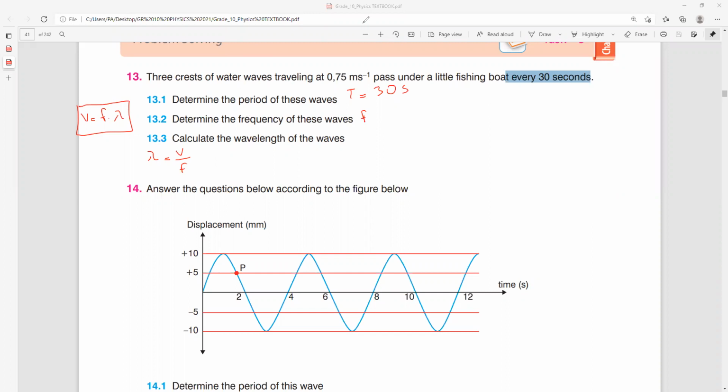Period is given. We are looking for frequency. I can just calculate it here. Yes, your answers are coming now. Please try frequency and wavelength. You are going to calculate.